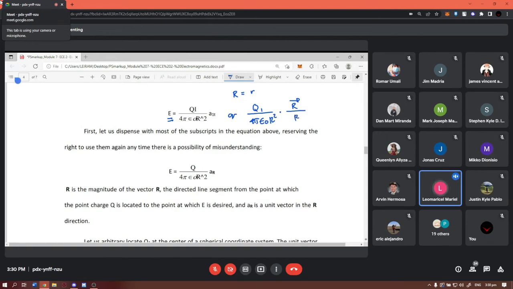Di ba itong unit vector mo na to, ito yon. Itong R mo na to, yun din yon. So pwede natin sabihin na ito ay Q1 all over 4 pi absolute permittivity that will be R cube. Pwede siya maging R cube since itong magnitude man to will be the same as this distance from the origin.